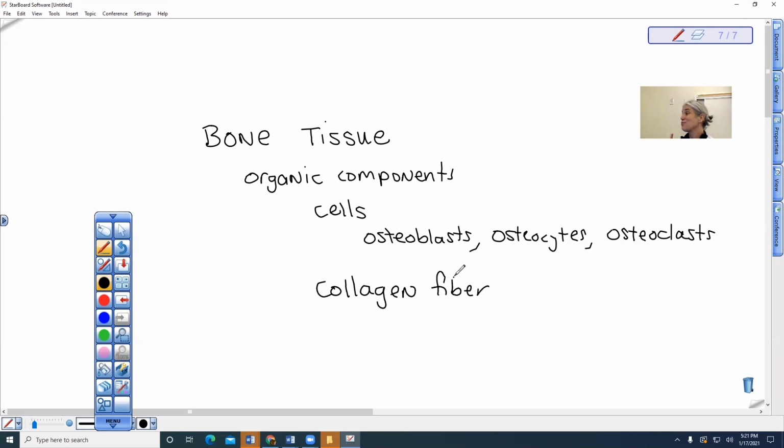Remember that it is a protein. It is a structural protein that's super important in all connective tissue. So this is what gives the bone its strength in terms of tensile strength. So things like to twist the bone or other kinds of things, this is going to actually help with bone strength.